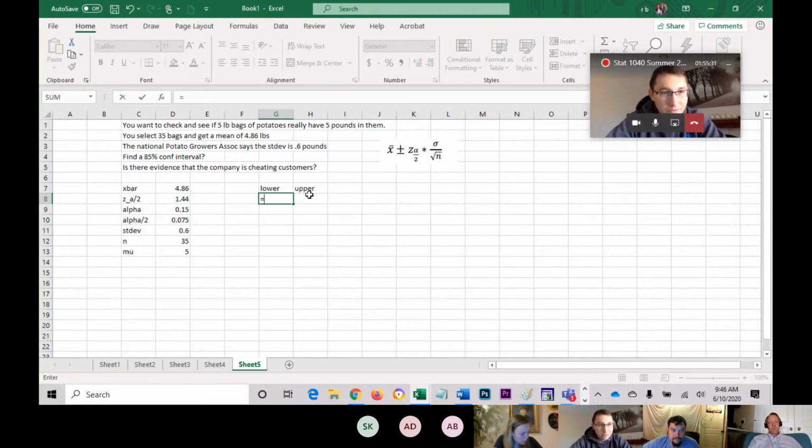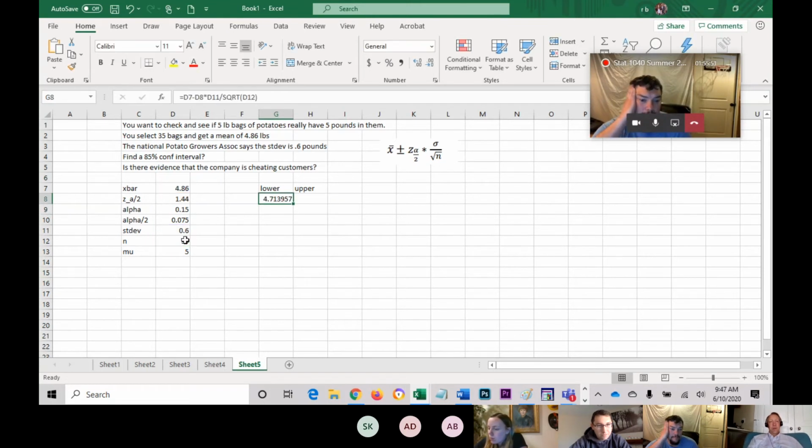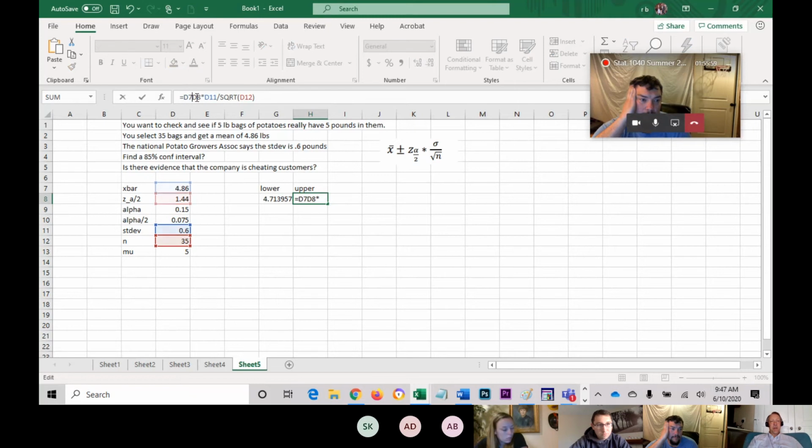So you'd have 4.86 minus 1.44 times 0.6 divided by the square root of 35. For the upper bound, we do the same thing, except we change that minus to a plus.